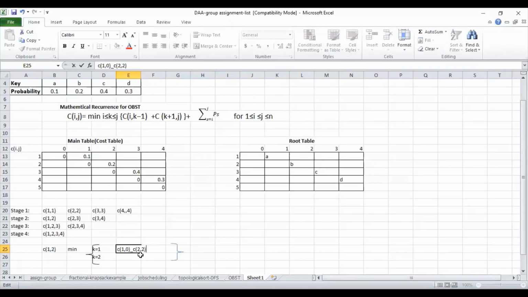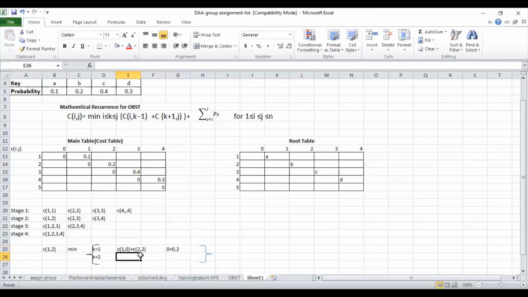So this entry would be C10, which is 0, plus C22, which is 0.2.